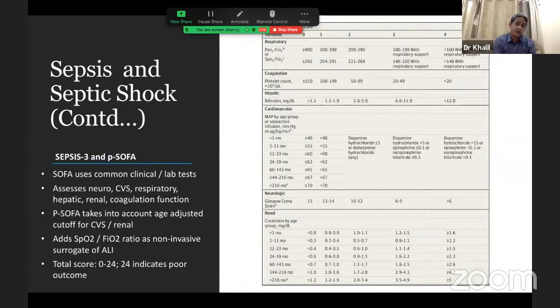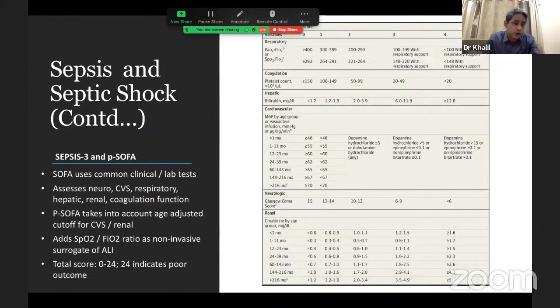Now, the applicability to the pediatric population is troublesome, as SOFA initially did not have a pediatric specific score. But after the pediatric SOFA has been developed, there has been a good correlation between the severity of sepsis and high SOFA score with increasing mortality.